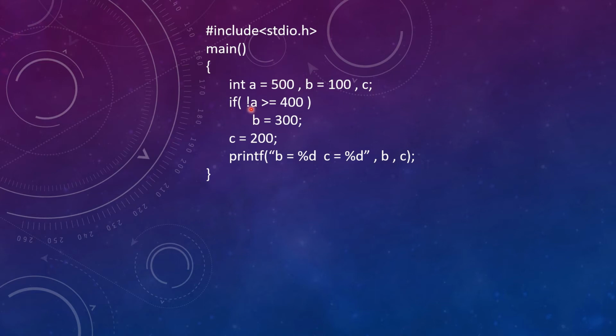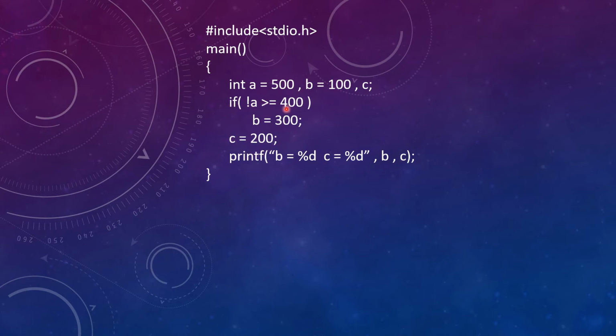So not of 500 is nothing but false value, right? Not of 500, 500 is a true value, so not of true is false. So false means, in integer terms, false means 0, correct? So is 0 greater than equals to 400? What do you think? Is 0 greater than equals to 400? No, it's false. So this line won't execute, right? And then we are moving to C, and then we are printing it.